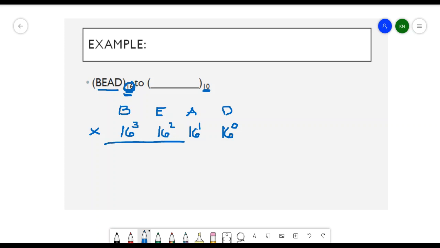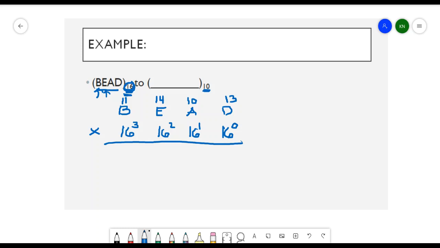Now, we all know that each of these letters has an equivalent value in decimal. B is equivalent to 11, right? E is equivalent to 14. A is equivalent to 10, and D is equivalent to 13.